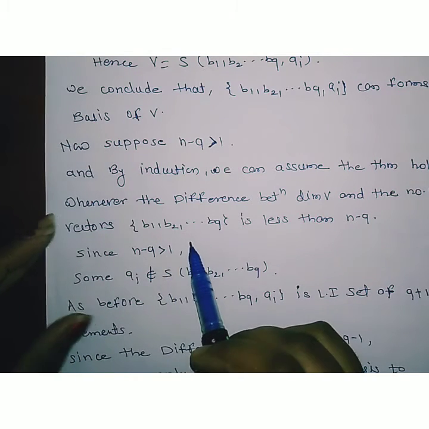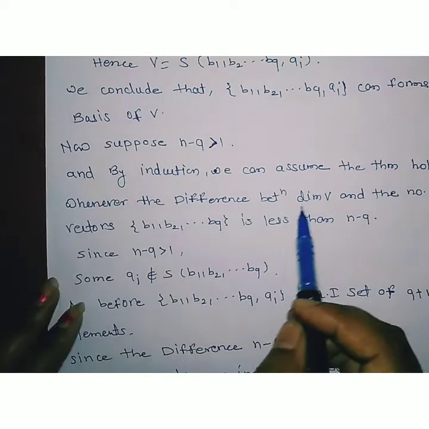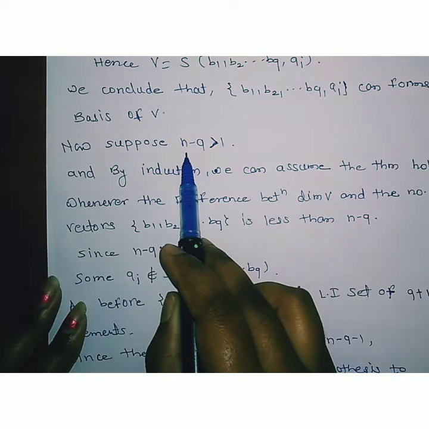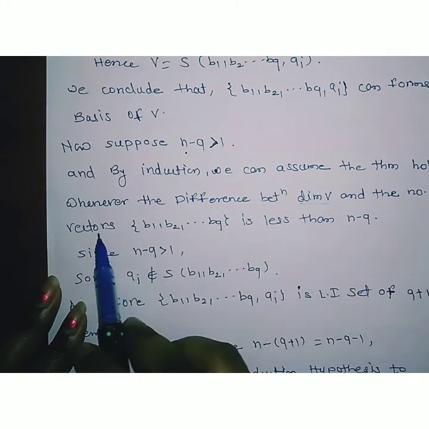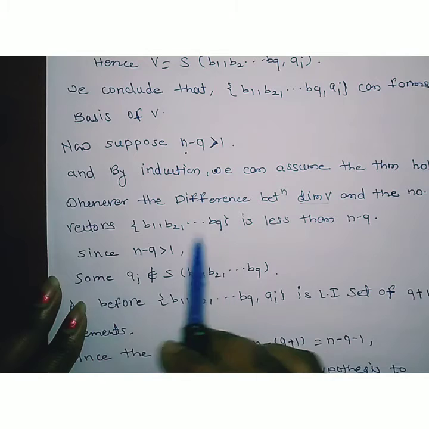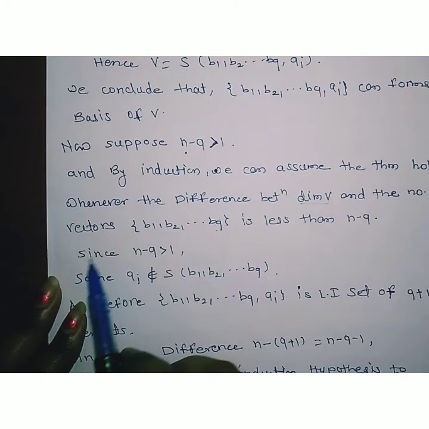Now what is the difference between the dimension of V and the number of vectors? We know that the dimension of V is n, because a basis of V consists of n vectors. And the number of vectors b1, b2, ..., bq is q.